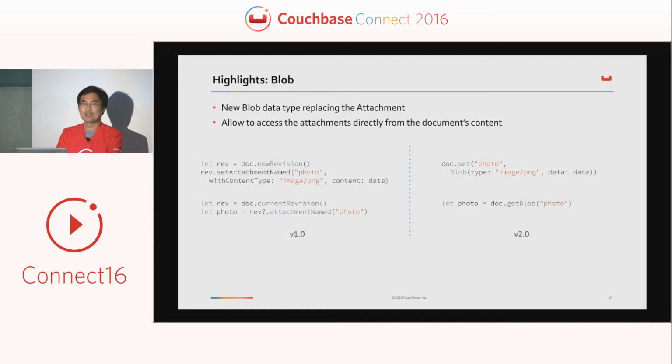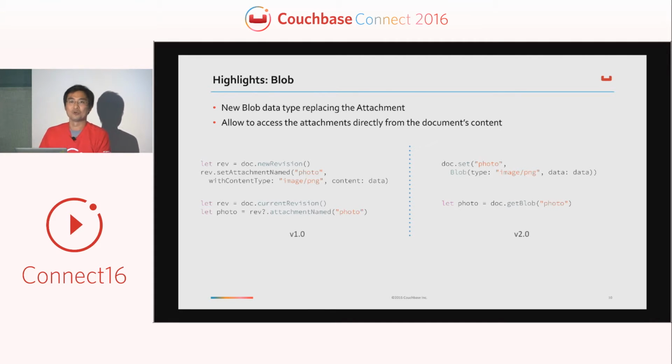Blob is a new type that we introduced in 2.0 to store binary data. In 1.0, we have the concept of attachment, but the document content and the attachments are kind of separated. If you want to access the attachment, you have to access a revision object, and then you call revision.setAttachment with the name to set the attachment, or you call revision.attachment with the name to get the attachment.